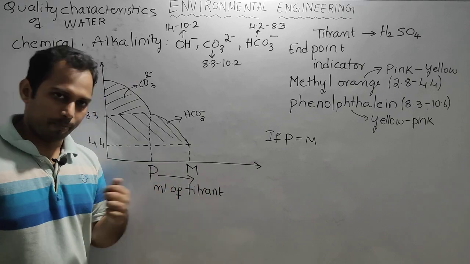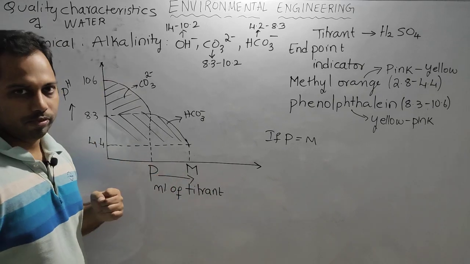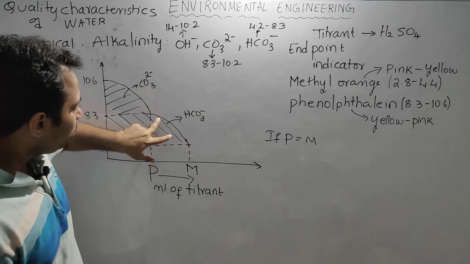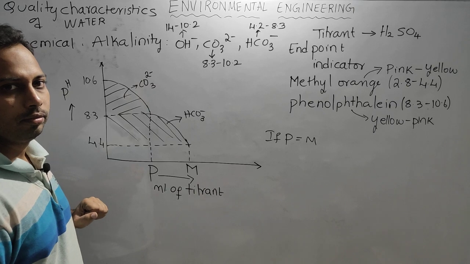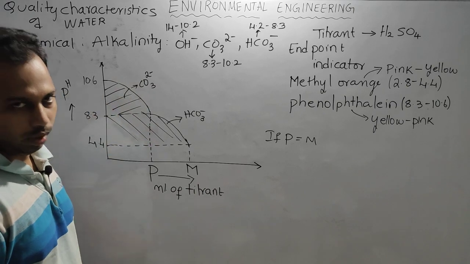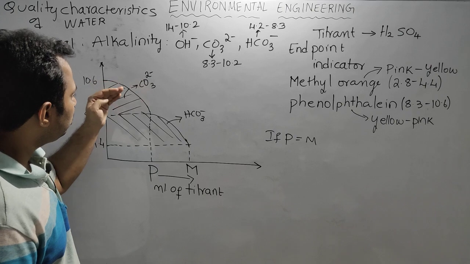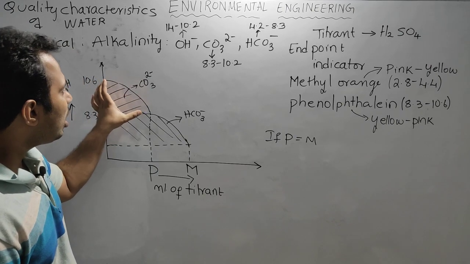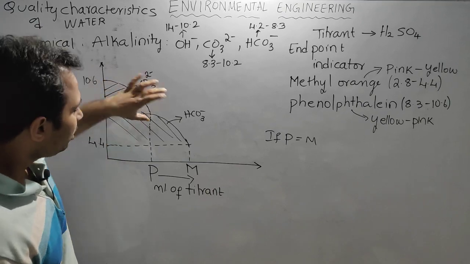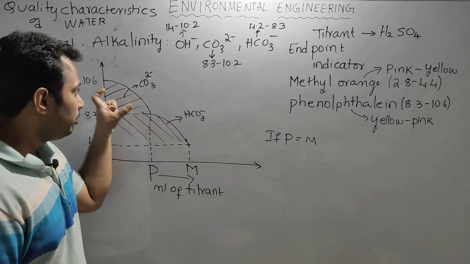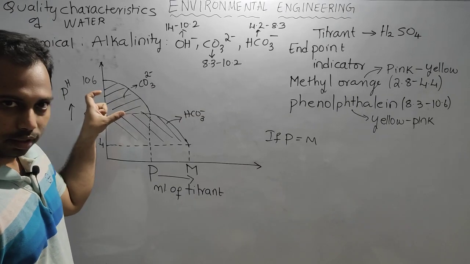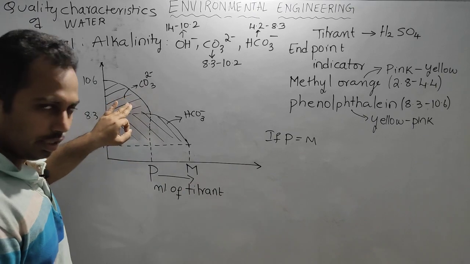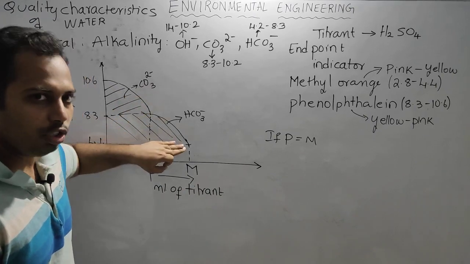If P is equal to M, that means HCO3- is not present. If HCO3- is not present, how can CO3 2- be present? Because if CO3 2- is present, it gets neutralized only 50% here, and the remaining 50% should be present here. That means if CO3 2- is present, HCO3- will definitely be present.